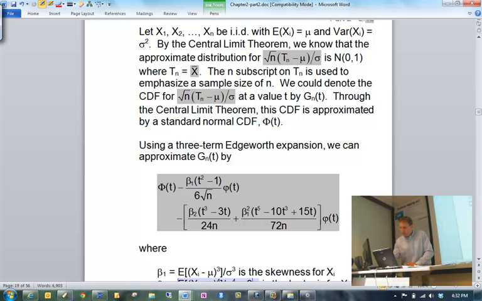I purposely, instead of putting X bar in there, put T, because that's often what we are using in this class, and I purposely put a subscript in there to emphasize that this is dependent upon your sample size. So again, we know that this is approximated by a standard normal. Equivalently, we could say that the CDF for this quantity is approximated by the CDF of the standard normal. How about we just simply call that G_n(t), where I emphasize the n there, the dependence on n.